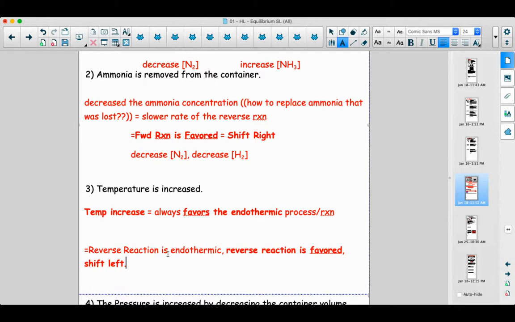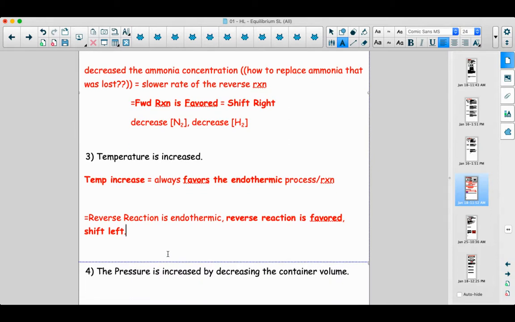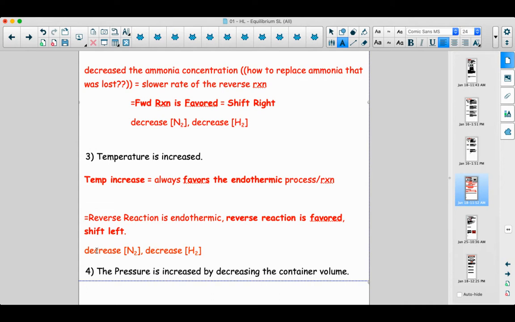So you have to look at each example. So we have a shift left. By shifting left, that means I would have increased N2 and increased H2, and I would have decreased the NH3.